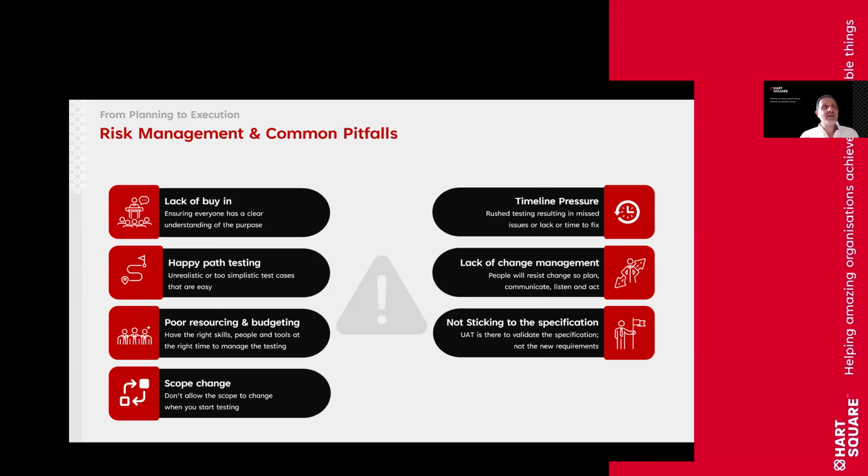Not sticking to the specification. UAT is there to validate the specification, the requirements. And so going back to that traceability loop, it's not the time for new requirements. And I do see this happening quite often in UAT, where people will test it and sort of say, okay, technically it does what it's supposed to do in the acceptance criteria, but it actually doesn't meet my expectations.